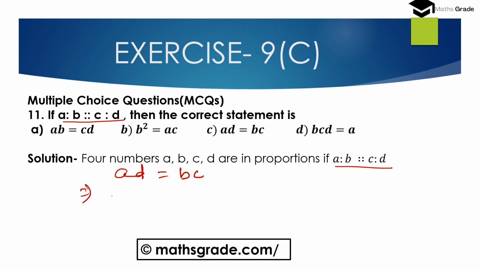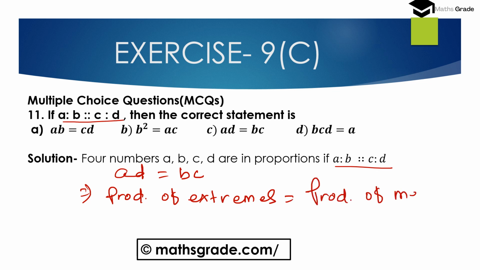That is, product of extremes is equal to product of means. So AD equal to BC. Option C is correct.